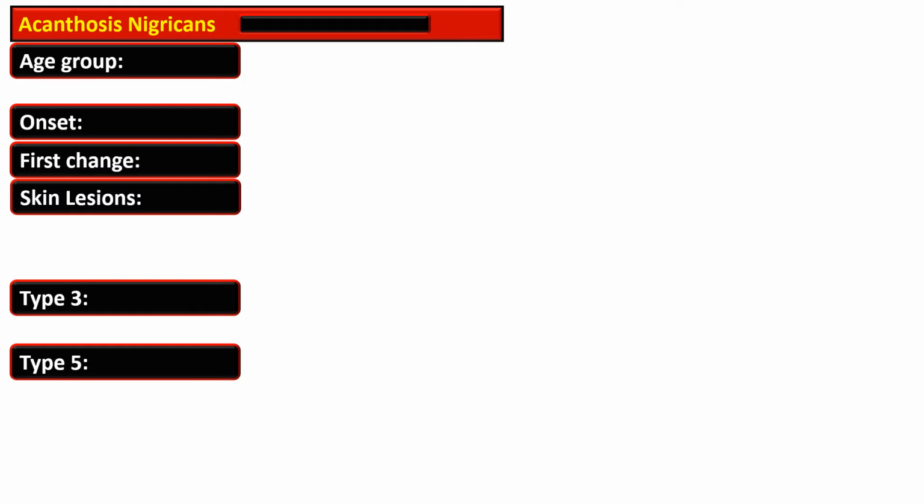The hyperkeratosis of the palm and sole with accentuation of papillary markings, that is termed as tripe hand, is also seen in the neoplastic one or type 5 of the Acanthosis nigricans.